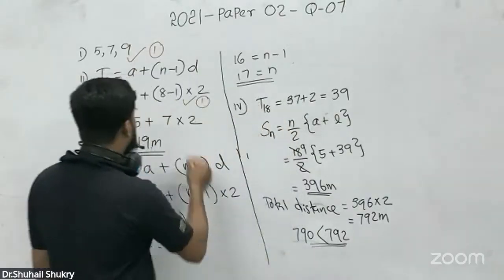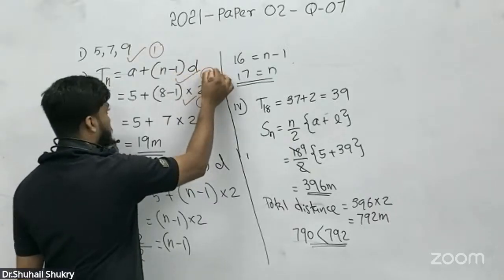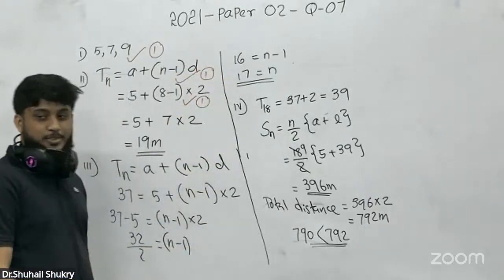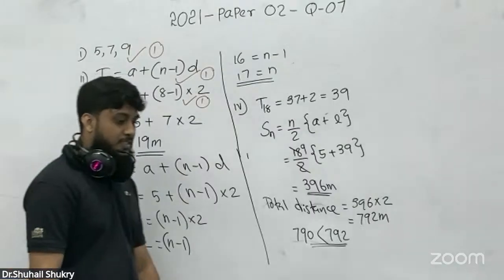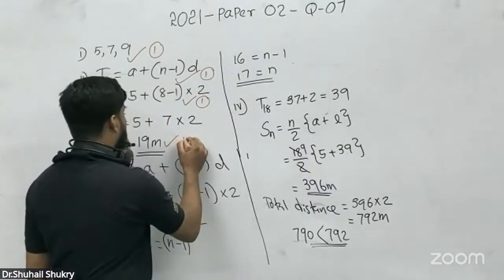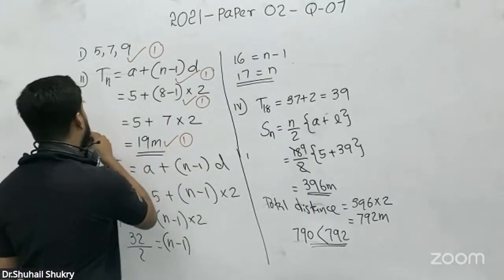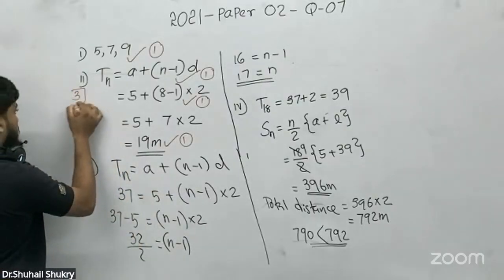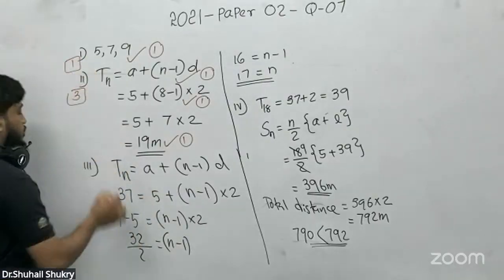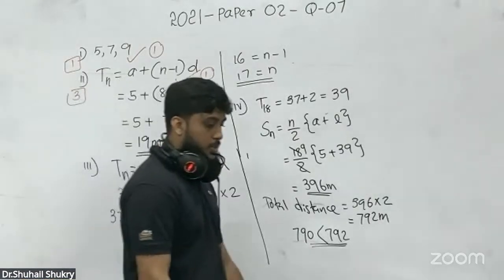They have given 1 mark for the formula. She has just written the formula, 1 mark. For getting 19 meters, 1 mark. Only for the second question, they have allocated 3 marks. Total 3 marks for the second question. First question, 1 mark. That was the final allocation for that question.